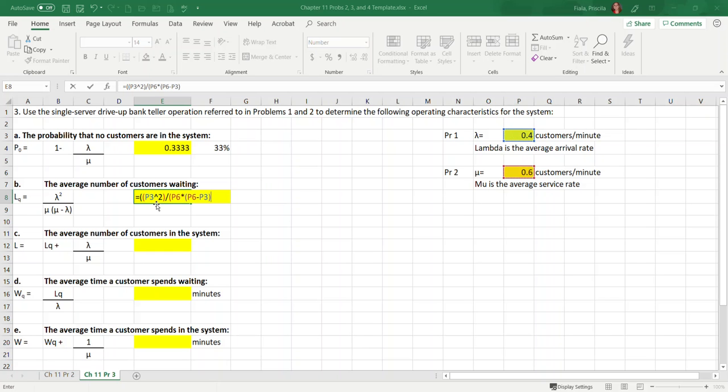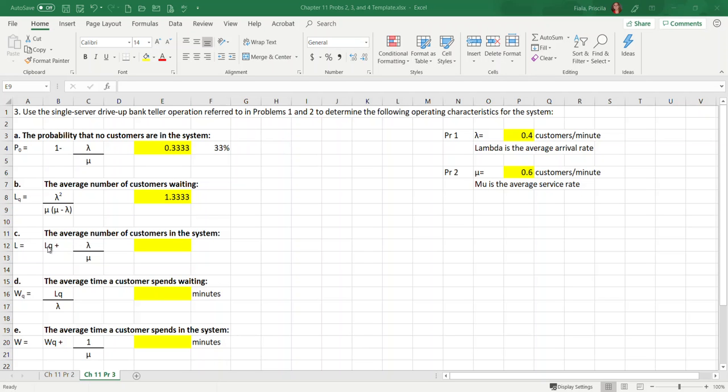All I'm doing is looking at here. This is my arrival rate right here. Lambda is the average arrival rate and mu is the average service rate. So I'm just looking at the symbols and clicking on the values. Let me close, and not sure if I'm missing a parenthesis. Yes, that looks right.